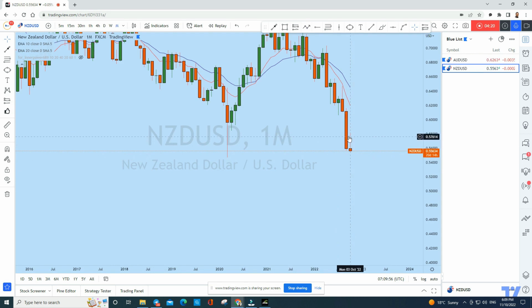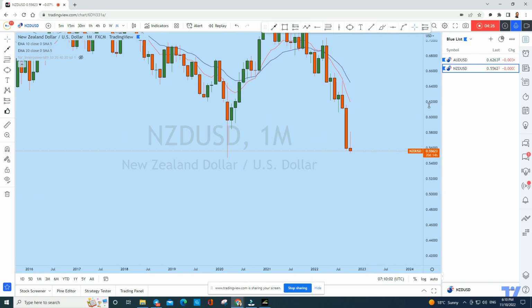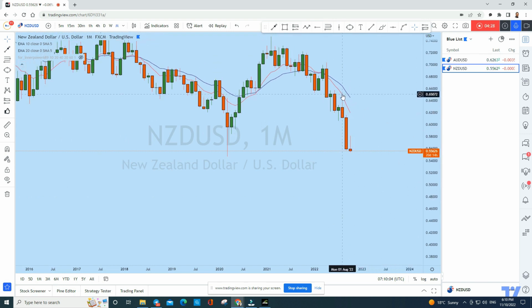And then as soon as the sellers started to sell, we have seen the price start to drop. This is also a long-term bearish market. On the monthly, you see there is a liquidity grab here and then a strong rejection. So after this kind of monthly breakdown from this channel, we can expect a couple of monthly candles to be printed in that direction. That means that we still have a high probability for NZDUSD to continue to drop.